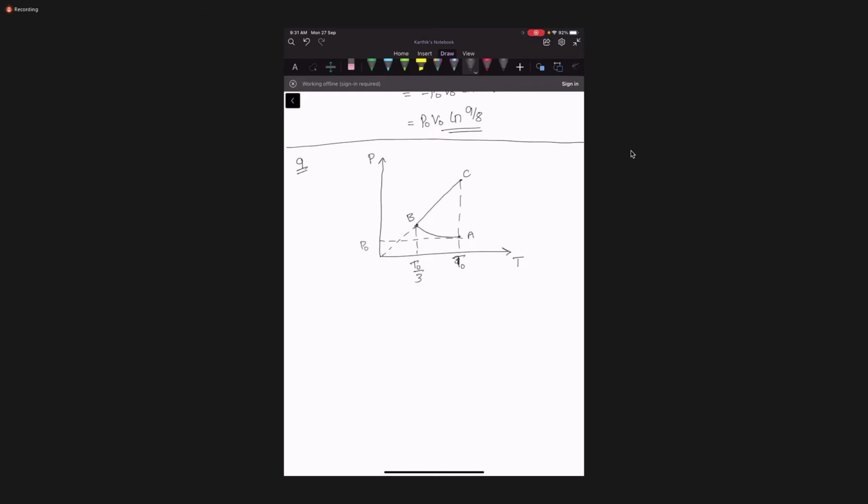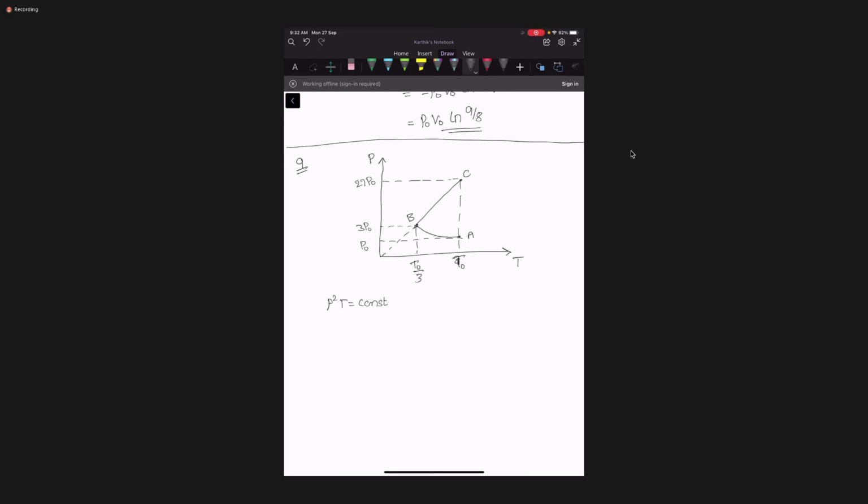P naught, 3 P naught, 27 P naught. The process equation is P square T is constant, isn't it? State B is taken to state C, keeping volume constant.